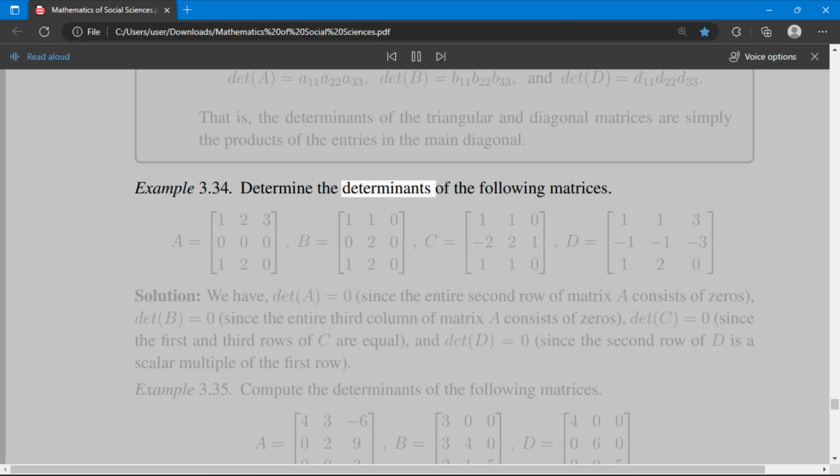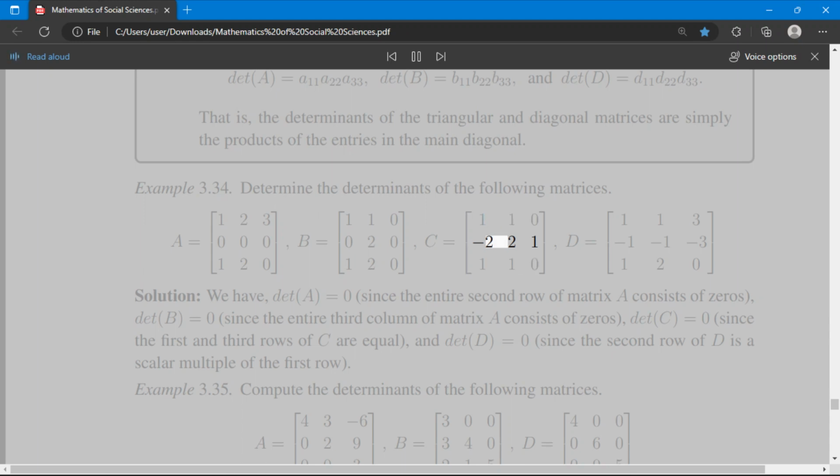Example 3.34. Determine the determinants of the following matrices. A equals [1 2 3; 0 0 0; 1 2 0]. B equals [1 1 0; 0 2 0; 1 2 0].